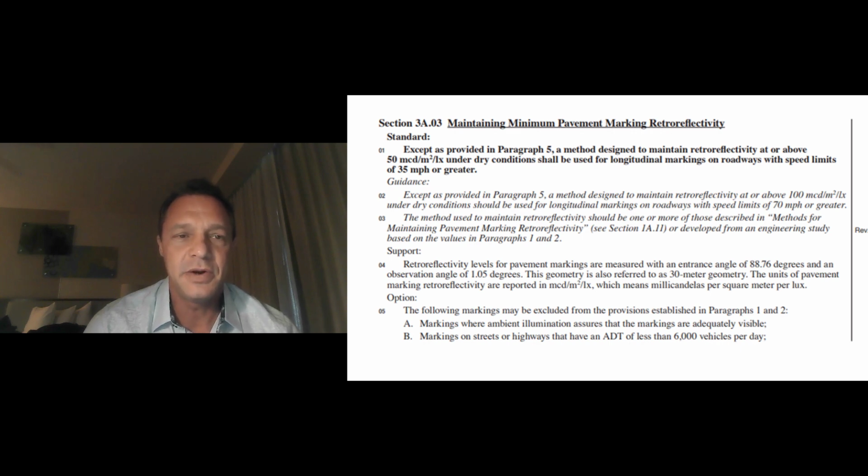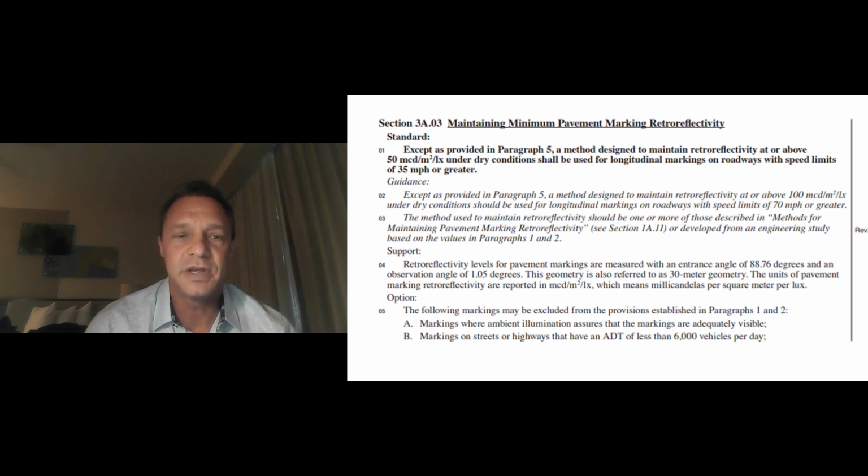And a standard in the MUTCD is basically the shall statement. And so you can read here that agencies must implement a method designed to maintain retroreflectivity at 50 or above under dry conditions for longitudinal markings for roadways with speed limits of 35 or greater. So immediately you recognize, okay, if I have roads that are posted at 30 or below, that standard does not apply to me.